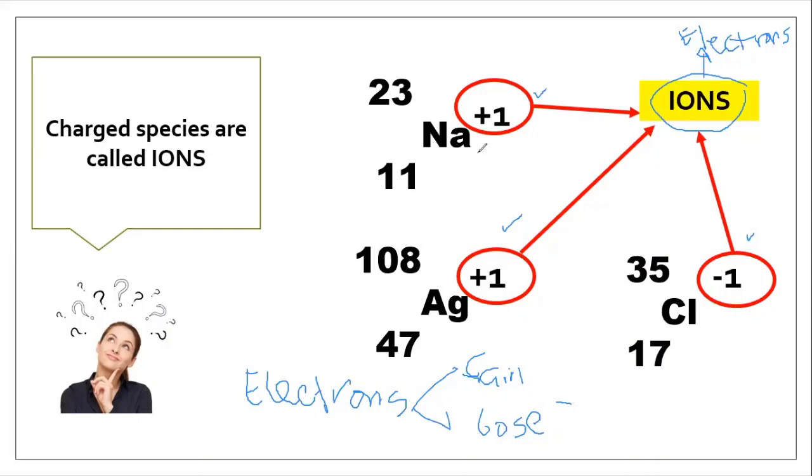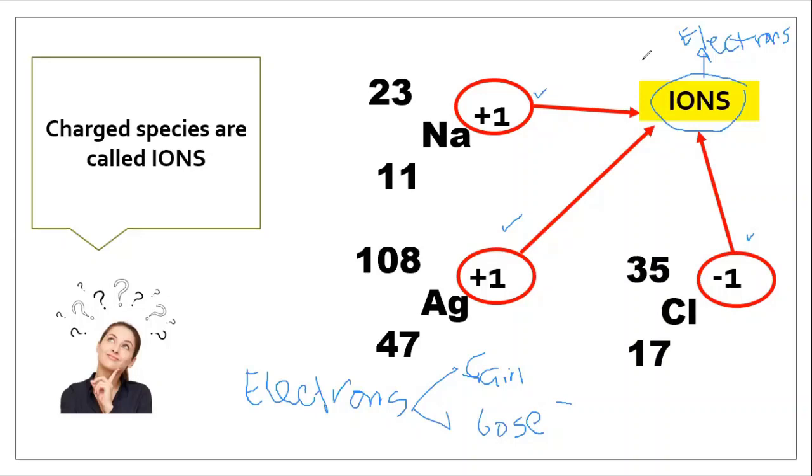Kasi dahil nga nasa labas siya ng nucleus. As compared sa protons at saka neutrons, nandun lang kasi sila sa loob mismo nung tinatawag nating nucleus. So, the main story here is electrons. So, ibig sabihin, if we're going to compute for the ions itself, sa electrons lang po tayo maggagalaw.